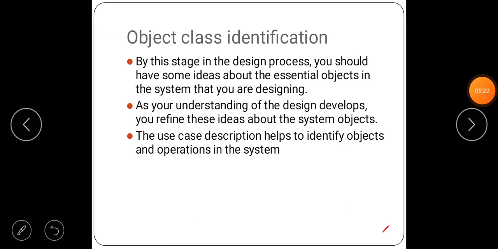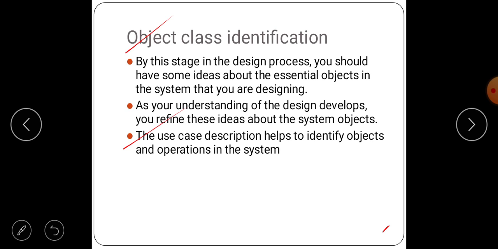Next topic is object class identification. By this stage in the design process you should have some idea about the essential objects in the system that you are designing. As your understanding of the design develops, you refine this idea about the system objects.